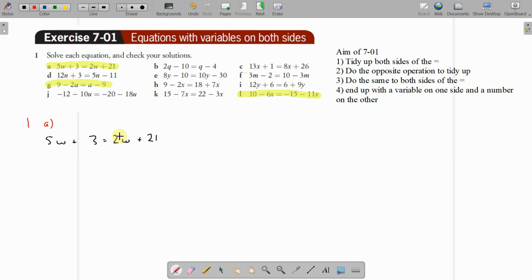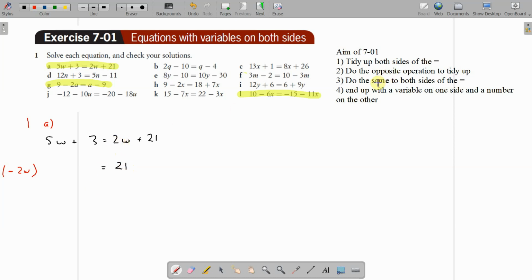Now that's plus 2w. So when you see variables on both sides, get rid of the variable on the right hand side first. We're going to do minus 2w. And when you do that, that minus that is nothing, so that's now gone.